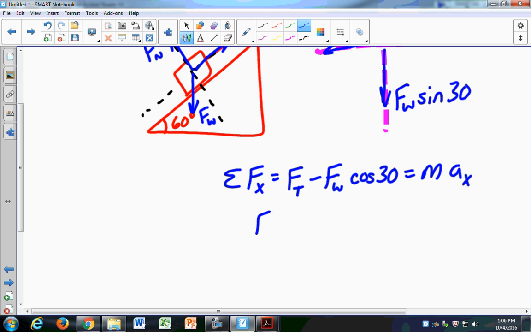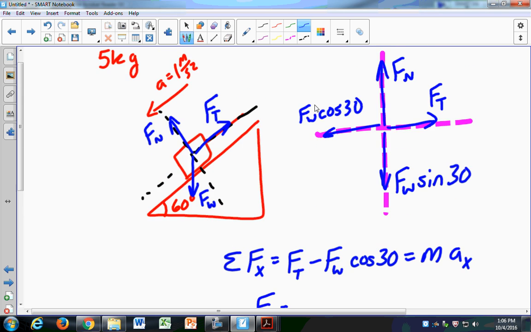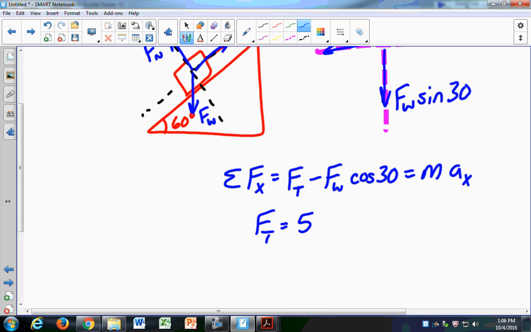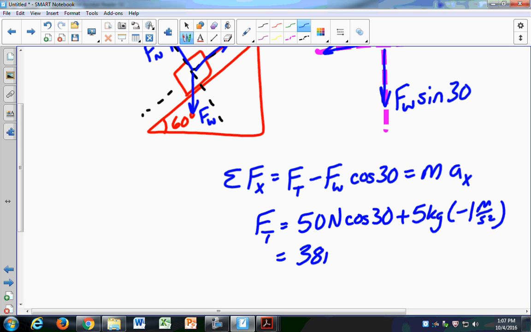So the way I do this, I'd say Ft equals Fw, which is 50 newtons, cosine 30, plus 5 kilograms times negative 1. So that works out to be 43 minus 5, 38. That's your tension.